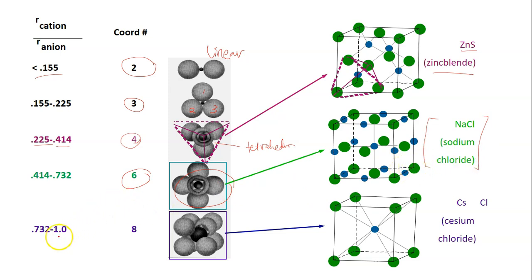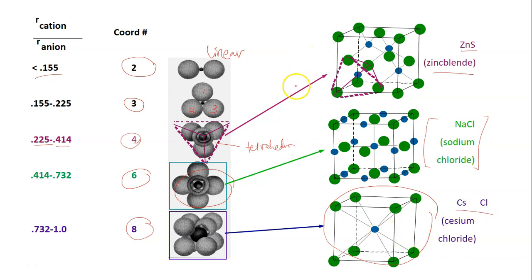And the last one is above these two, with a coordination number of 8. The anions are located at all corners of a cube and a cation is positioned at the center. This is how the unit cell looks, and it can be represented by CsCl, or cesium chloride.